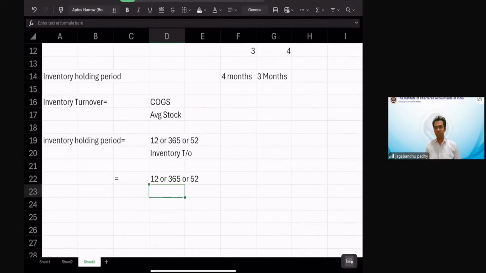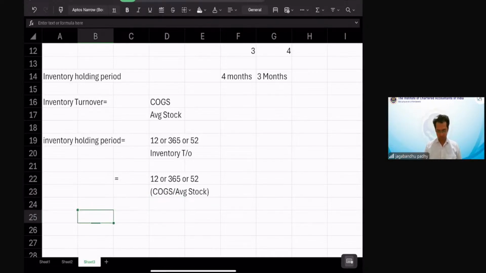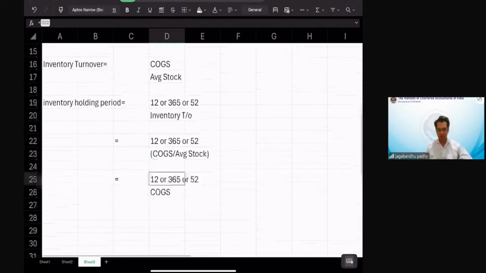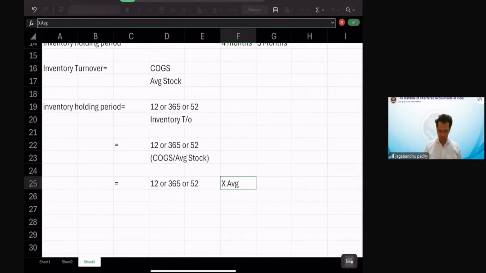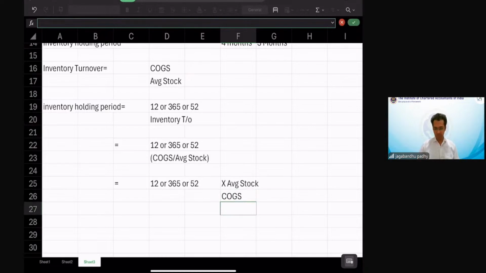The numerator is 12 or 365 or 52, but instead of saying inventory turnover, you can say COGS on average stock. So inventory holding period will be 12 or 365 or 52 multiplied by average stock on COGS. Okay, did you get this, guys?